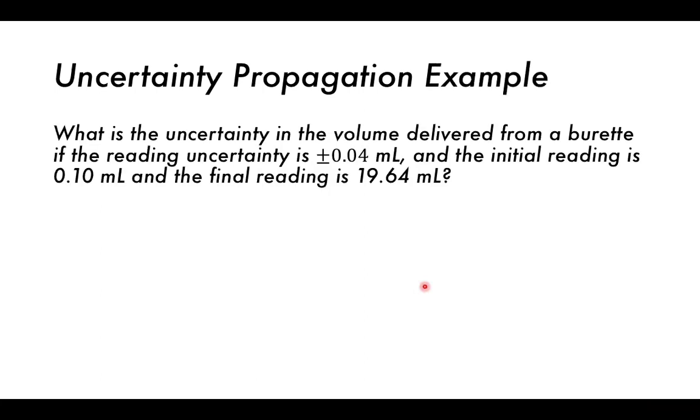Uncertainty propagation example. How exactly do we utilize these rules in a particular question or problem? Here's an example. What is the uncertainty in the volume delivered from a burette if the reading uncertainty is plus or minus 0.04 milliliters, the initial reading is 0.10 milliliters, and the final reading is 19.64 milliliters?